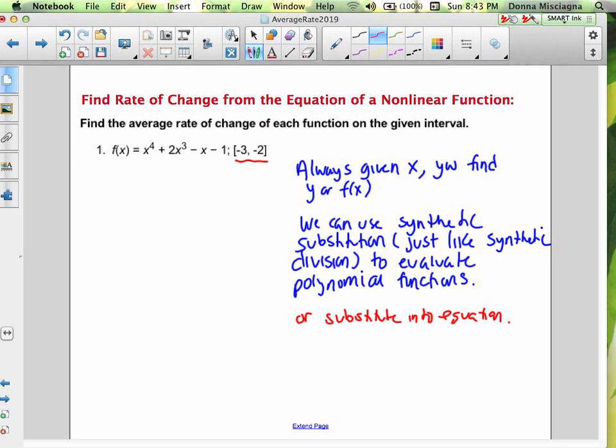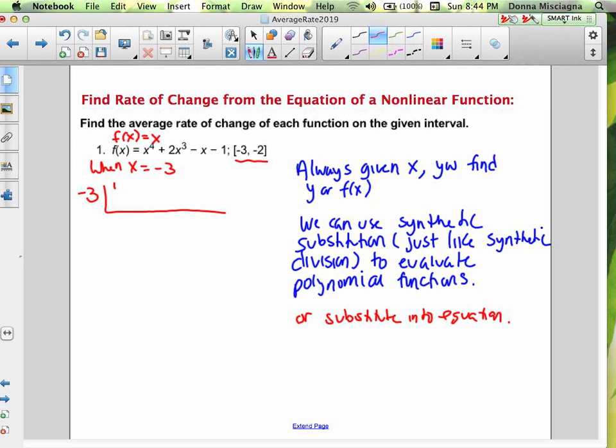All right, so now when x is -3, the -3 goes on the outside, and then we list all the coefficients, and then we can follow the steps for synthetic substitution.